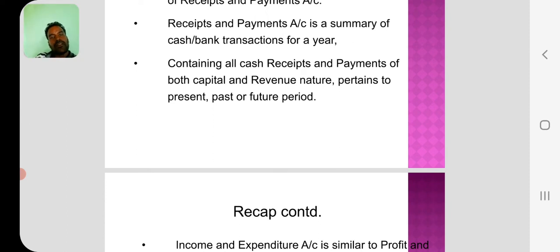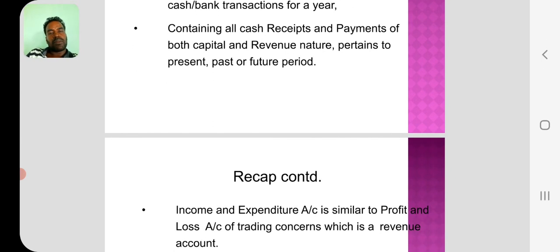It contains all cash receipts and payments, both capital and revenue, pertaining to the present, past or future, irrespective of the year. But it should be a cash transaction that is recorded in the receipts and payments account. In the case of a cash book also, irrespective of the year, all cash payments and receipts should be recorded.